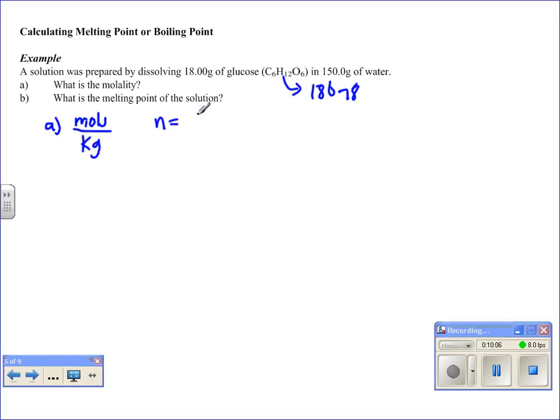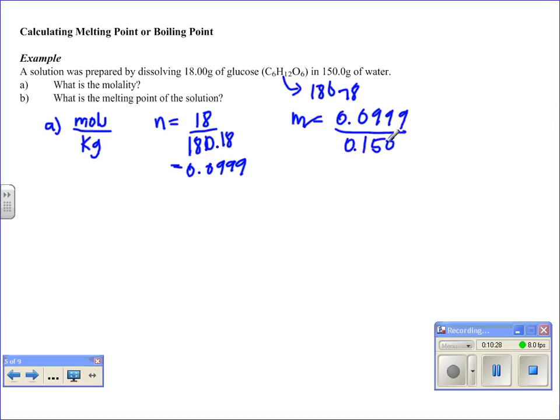So the moles is equal to 18 divided by 180.18. So we've got 0.0999 moles. The molality is therefore 0.0999 moles divided by 0.150 kilograms of water. So we've got a molality of our solution of 0.666 molal.